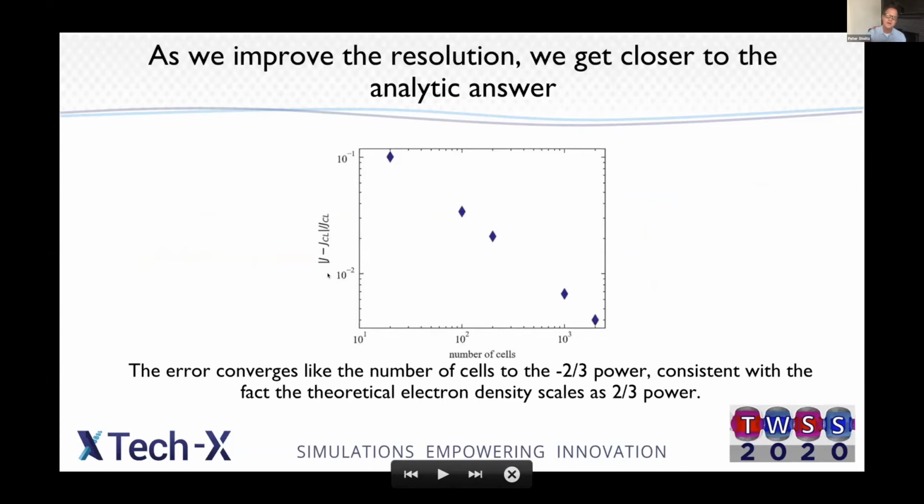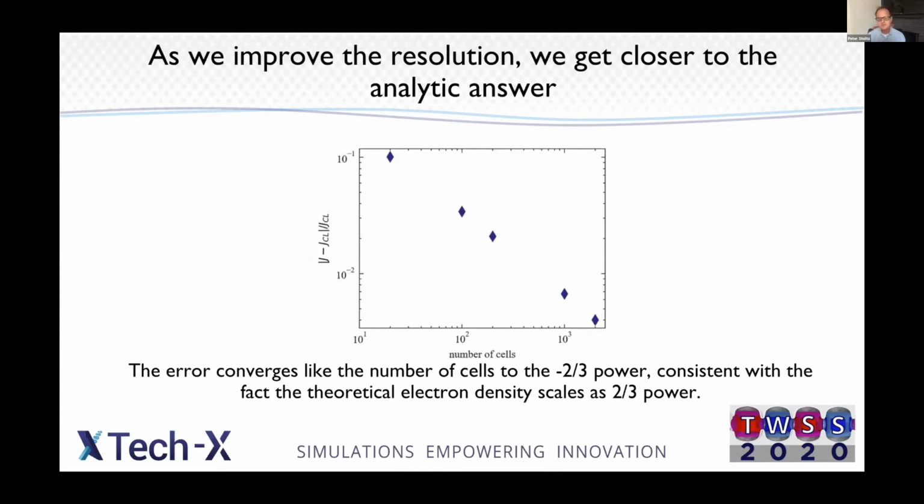So here I'm plotting on the y-axis the relative error. That's my measured current compared to the analytic value, divided by the analytic value. And on the x-axis, I'm just increasing the number of zones in my simulation. It's a log-log plot, and it converges like the 2/3 power.